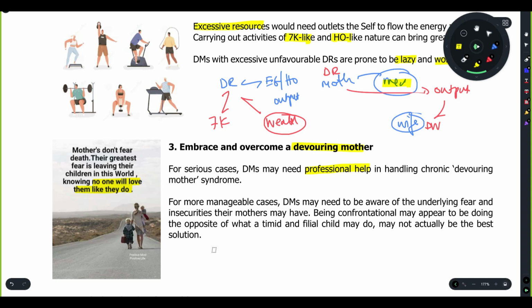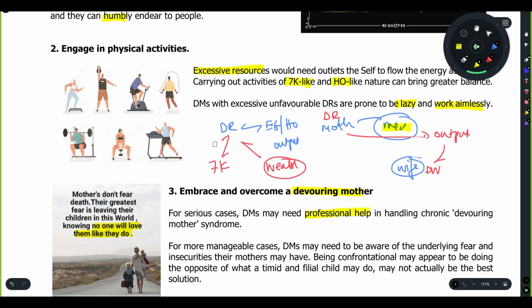And perhaps it is for the Day Master to give comfort, to assuage that no one will replace the love that the mother has, and to bring her a greater sense of security, a sense that she will not lose her place when her children grow up. Therefore, that would be the way to embrace overcoming devouring mother syndrome.